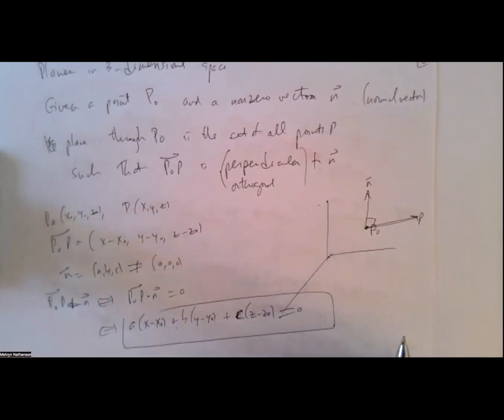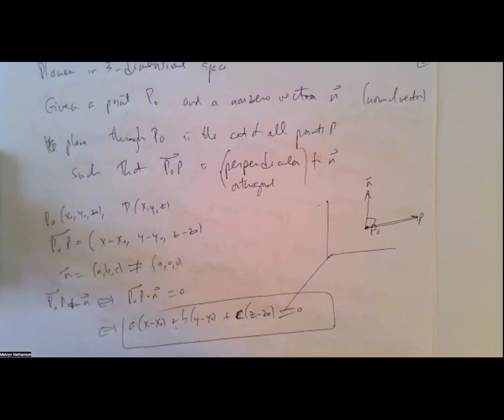So this linear equation is the equation of a plane. You have an equation that looks like this, where A, B, and C, some of them can be 0, but all three cannot be 0. This is the equation of the plane passing through the point x naught, y naught, z naught with normal vector ABC.